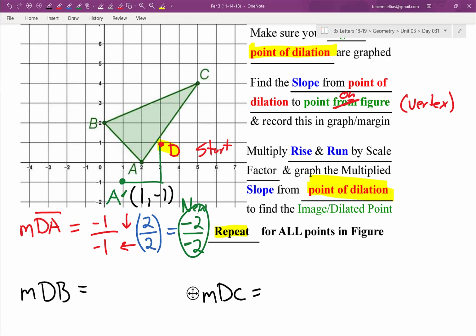So now, from the point of dilation, instead of going up one, start by finding the point of dilation. Where's your point of dilation?